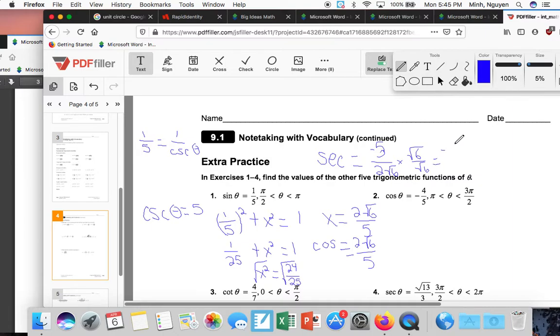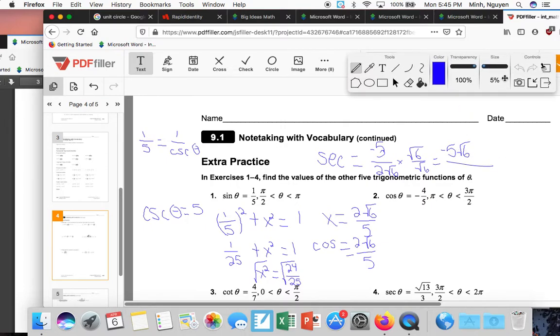So we have negative 5 root 6 over 2 times root 6 times root 6, which is just 2 times 6, which is 12. So root 6 times root 6 is root 36, root 36 is 6, and 2 times 6 is 12. So this is our answer for secant.